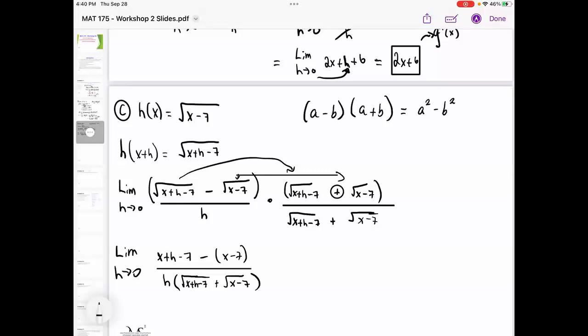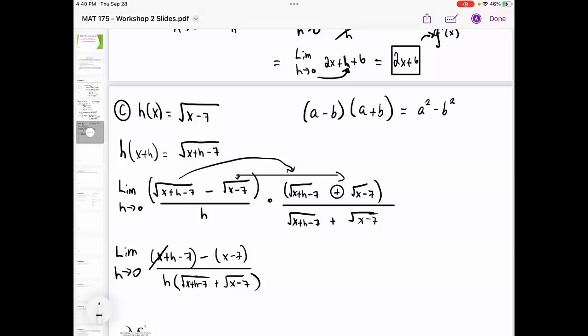Okay, now things happen nicely for us. If you look at this numerator, I have x plus h minus 7, right? I'll keep that in brackets, actually, minus the original function, or just x minus 7. So we can cancel things out. What can we cancel? We can cancel out the x and the minus 7, right?